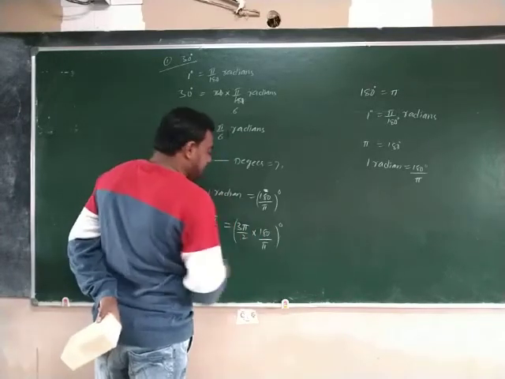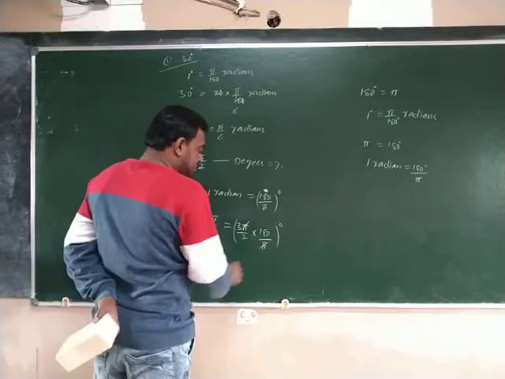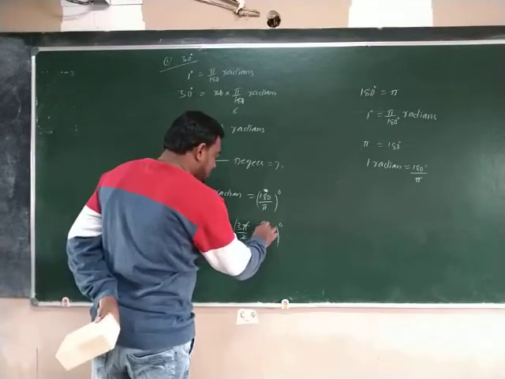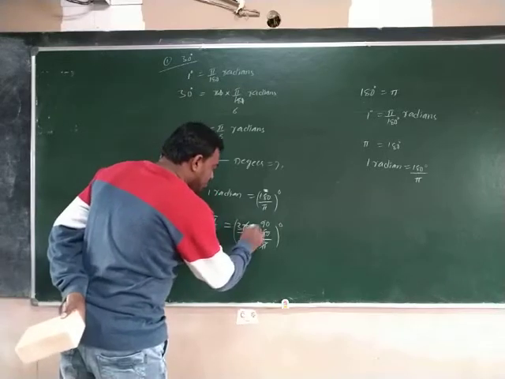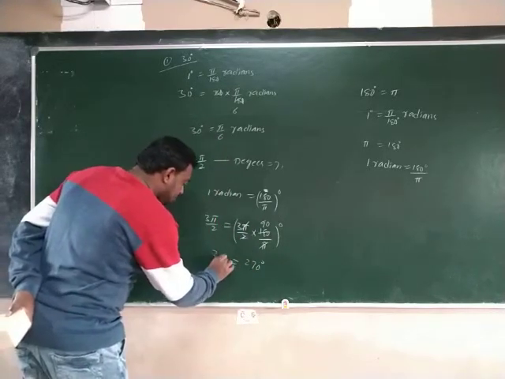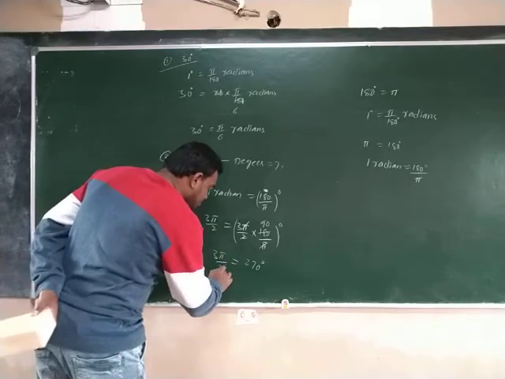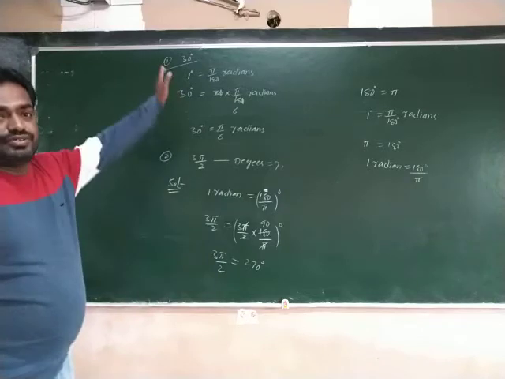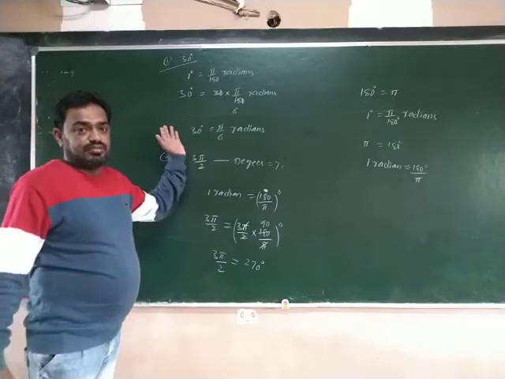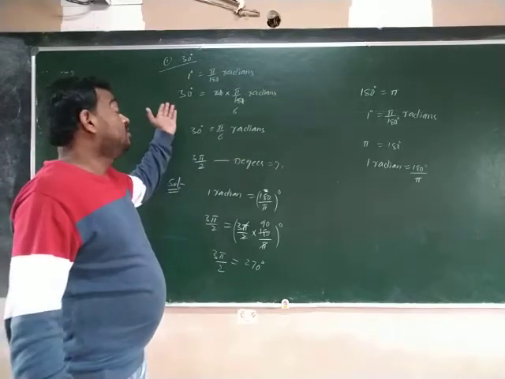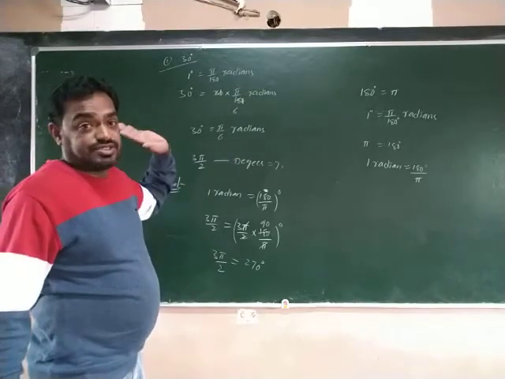Now pi gets cancelled, 2 ones are 2, 90 times. So 3 into 90 is 270 degrees. 3 pi by 2 is equal to 270 degrees. Simple questions we solved. This is the method for converting radians to degrees and degrees to radians.